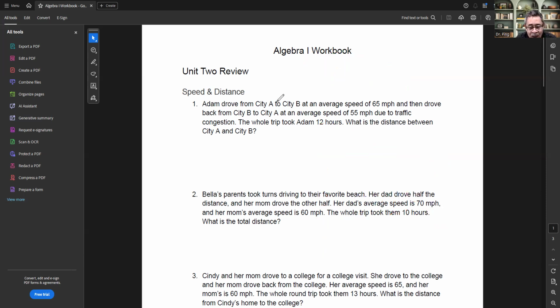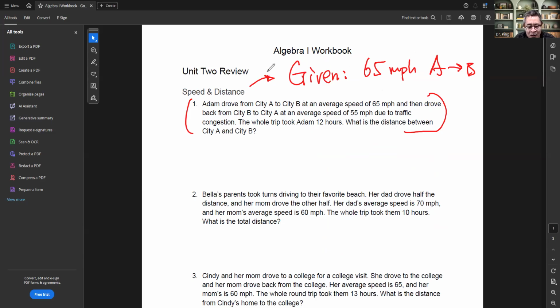On this one, what's known? Well, first of all, what's given? The given is that Adam's speed is 65 miles per hour from A to B. At the intermediate step, you can use that to translate it into what I'm doing here, and then you set up the equations.